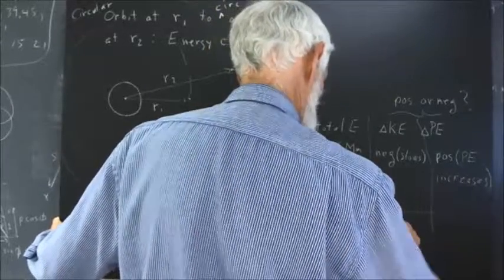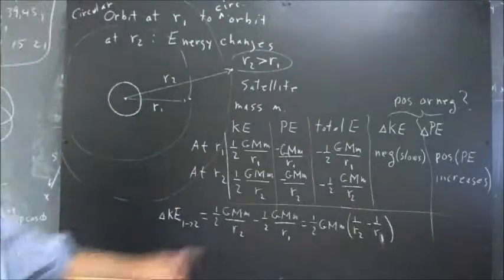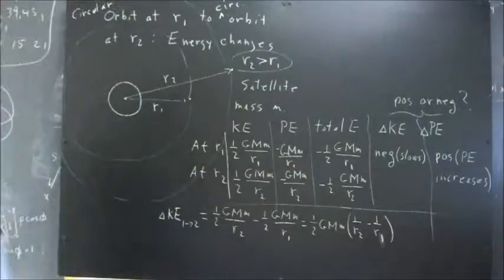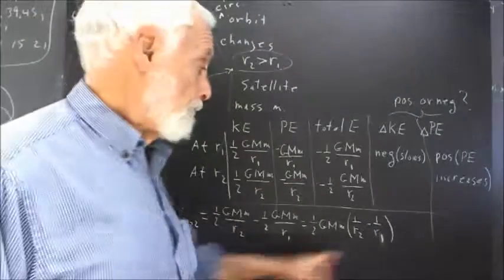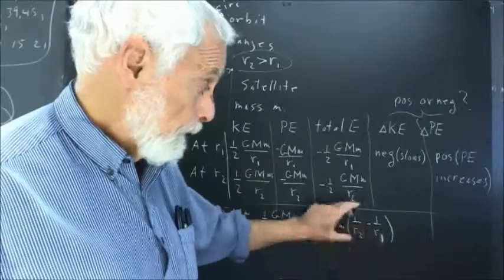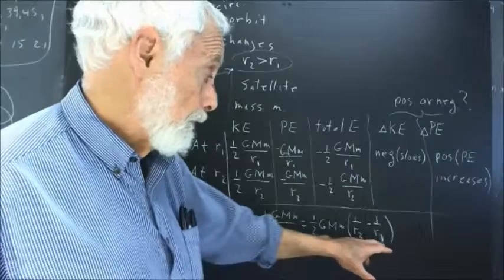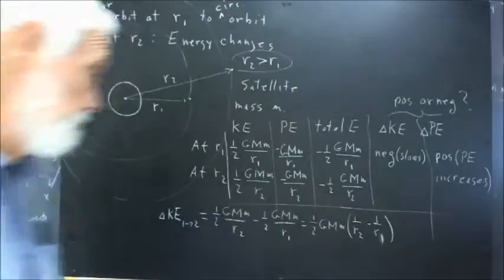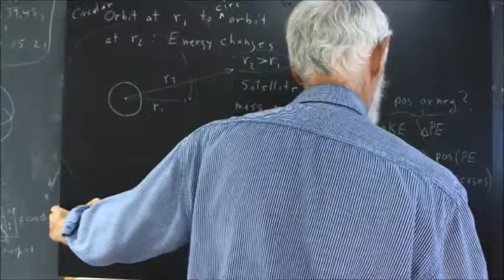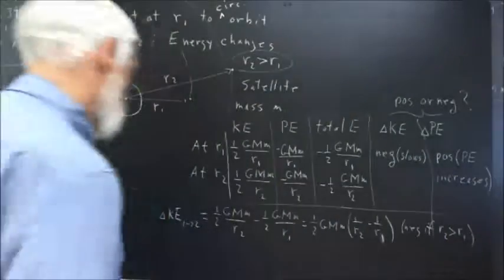So factoring out the common factor here, we get 1 over R2 minus 1 over R1. And again, we check this out. If R2 is bigger than R1, then this number is smaller than this number because it's a reciprocal, meaning that you're subtracting the larger from the smaller, you're going to get a negative. So I'll make a comment: this is negative if R2 is greater than R1.